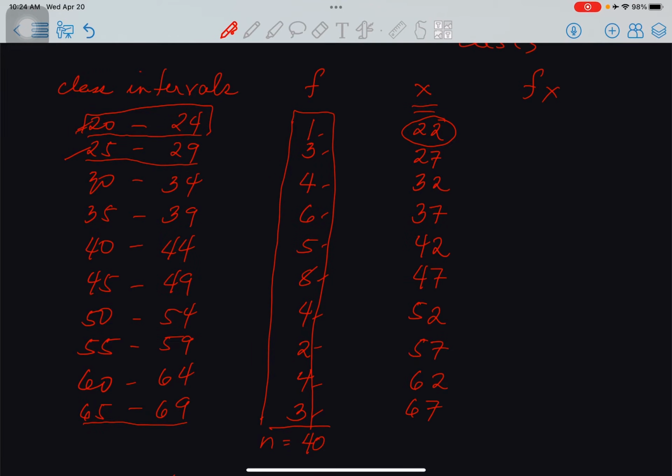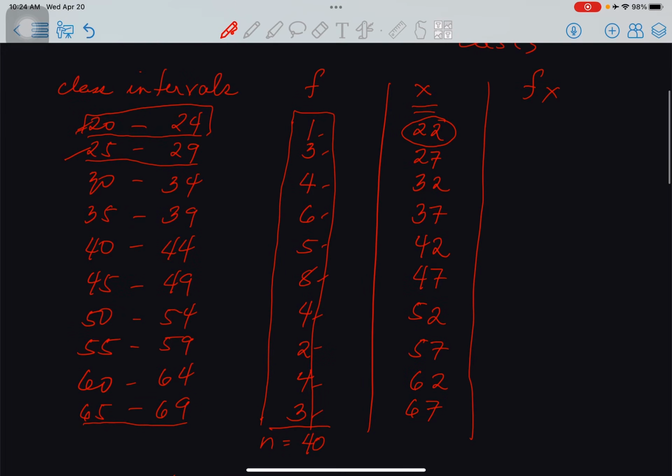So now, we already got all the midpoints of all the class intervals.